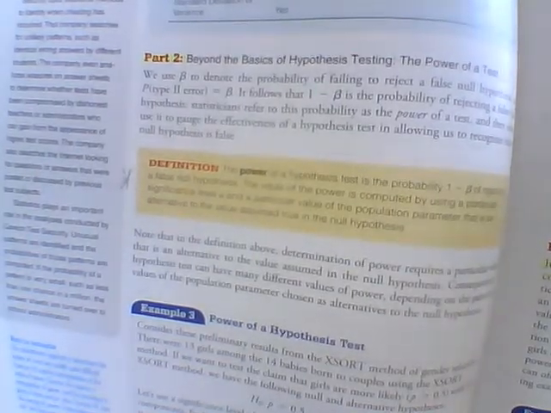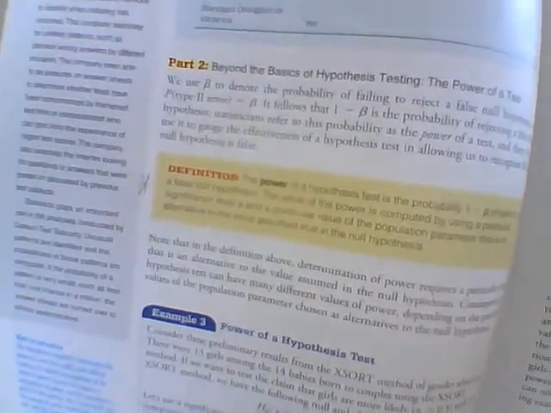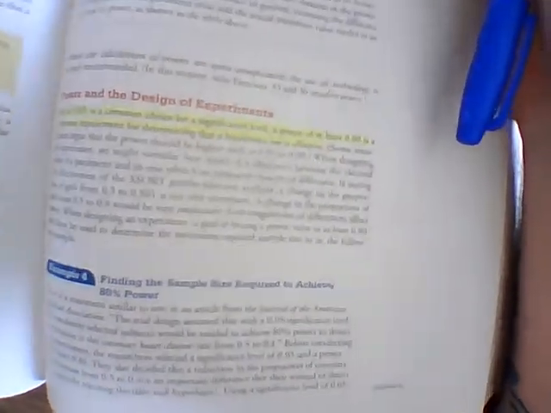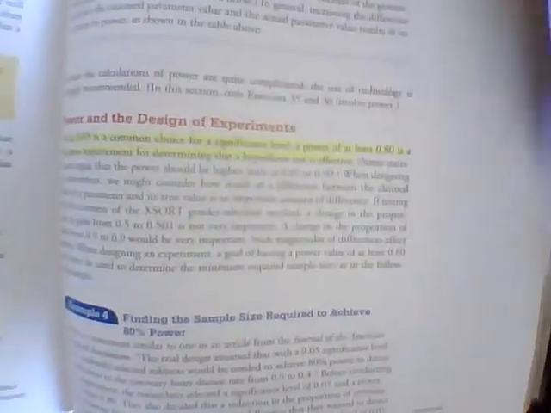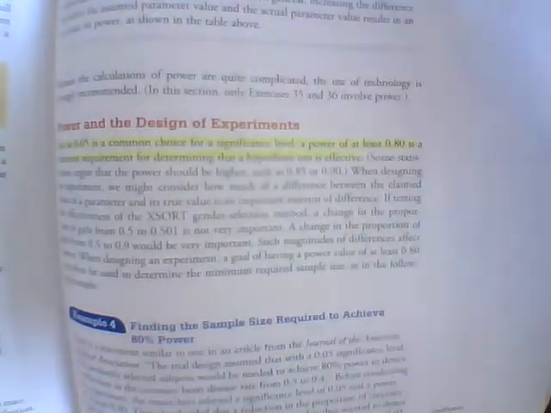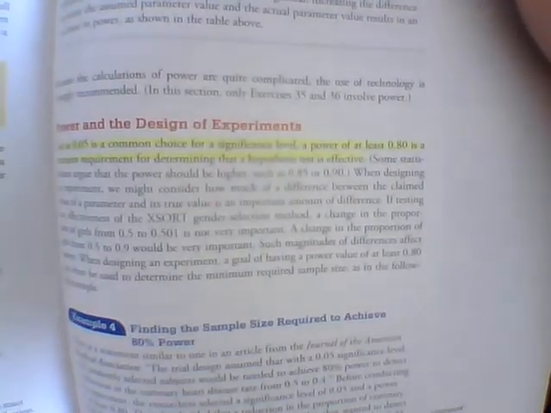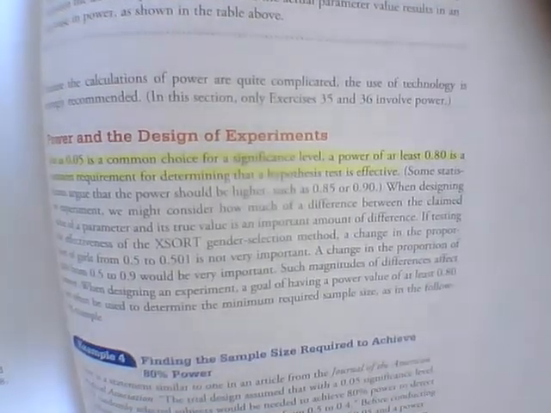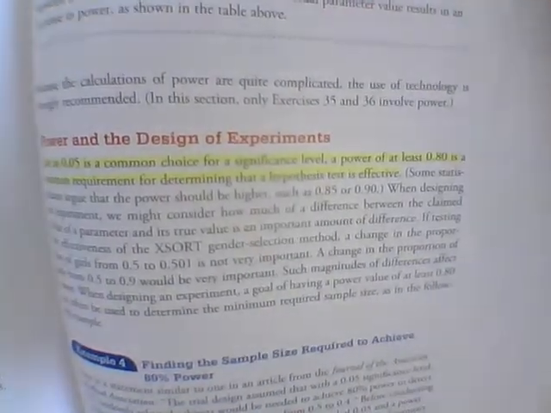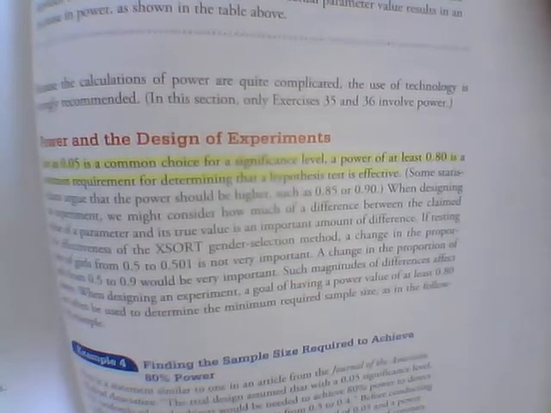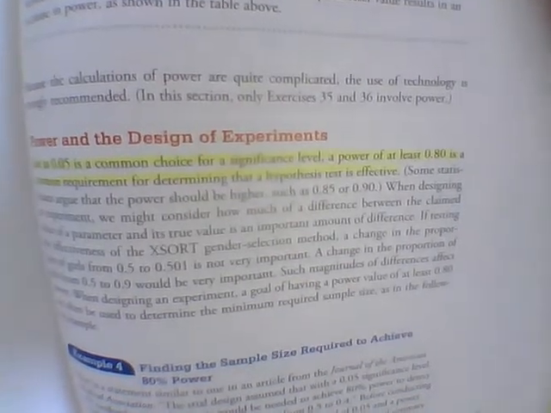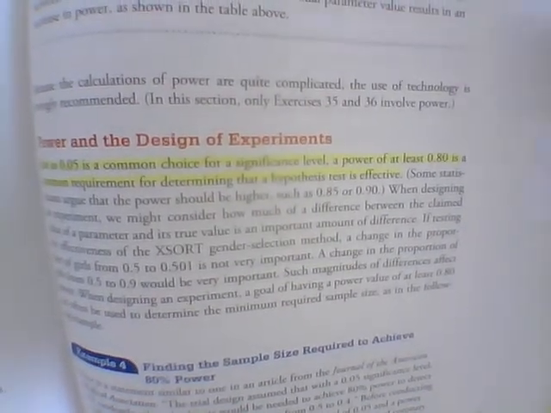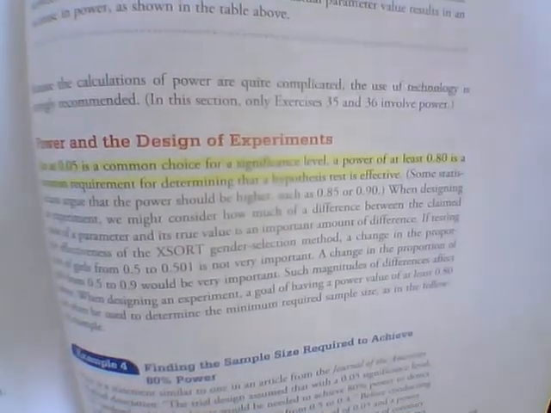Okay, so just as 0.05 is a common choice for a significance level, a power of at least 0.8 is a common requirement for determining that the hypothesis test is effective.